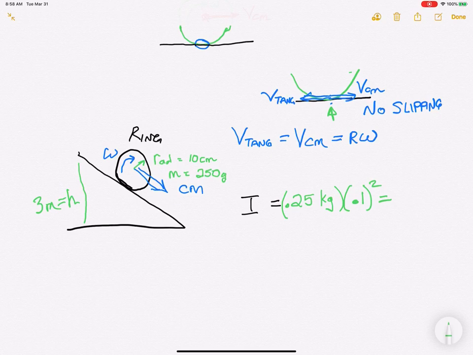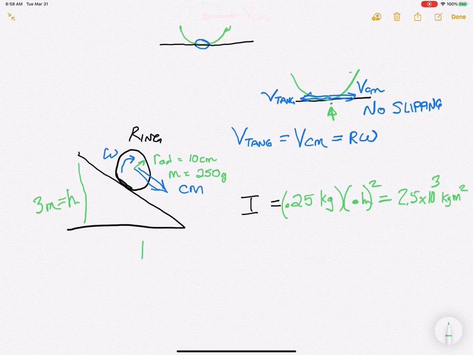And we get 2.5 times 10 to the minus third kilograms meters squared. That's what I has as its units. Okay.